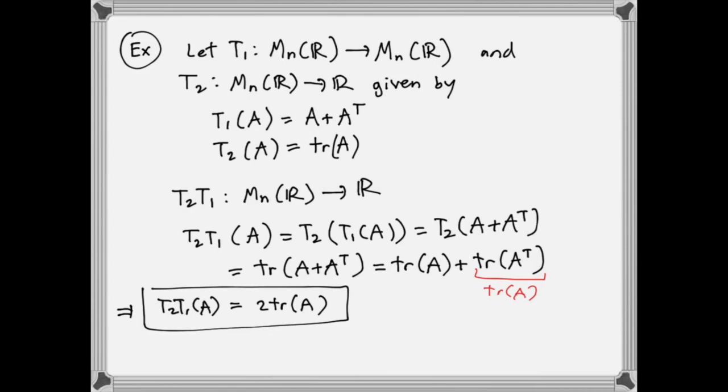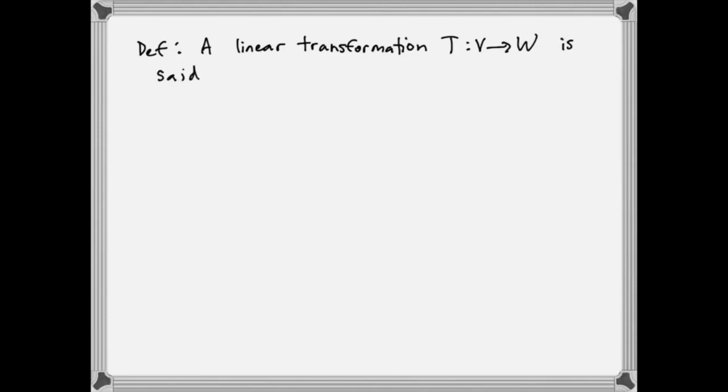Okay, so let's move on to a new definition. We're going to define what it means for linear transformations to be one-to-one and onto. So a linear transformation T, which goes from V to W, is said to be, first, let's define one-to-one.